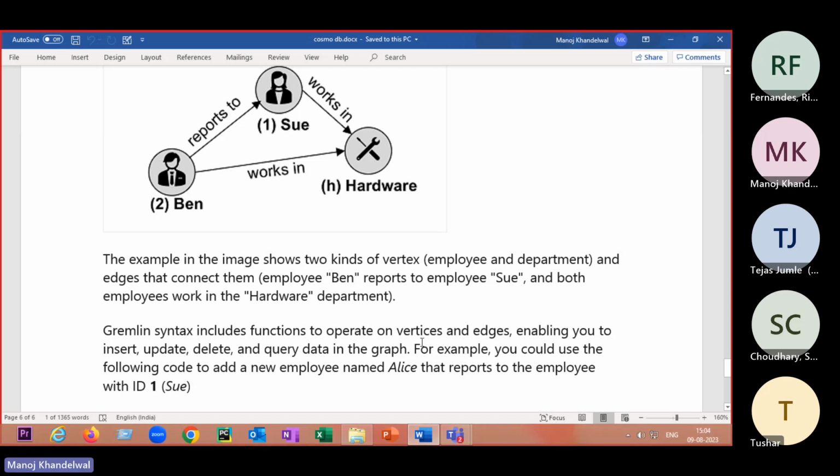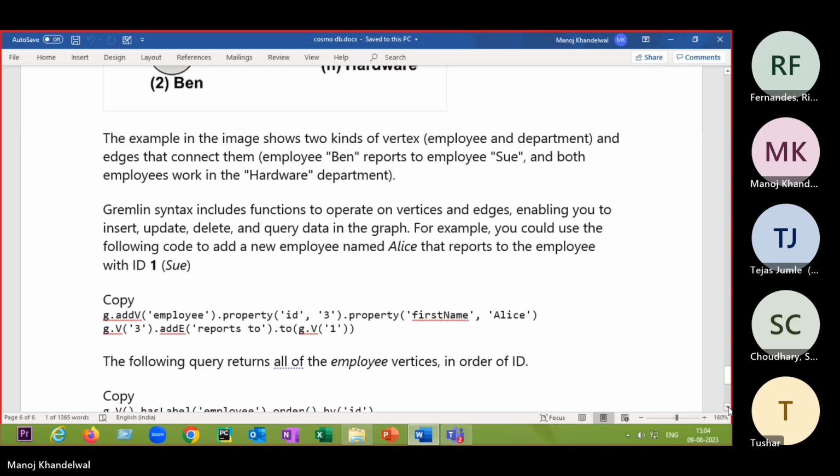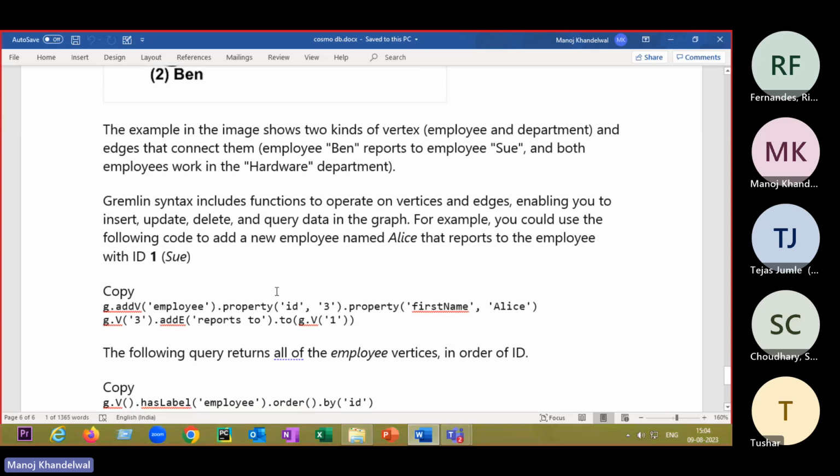Gremlin allows you to operate on vertices and edges, enabling you to insert, update, delete, and query data in the graph. Its syntax is different. Say if you want to add a new employee, who is also in the hardware department.